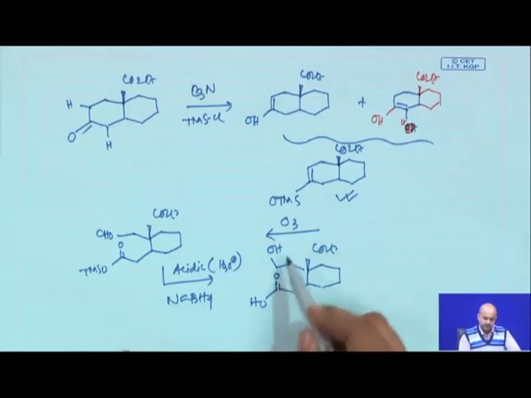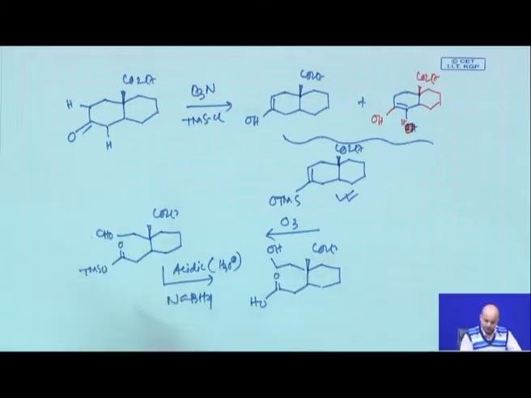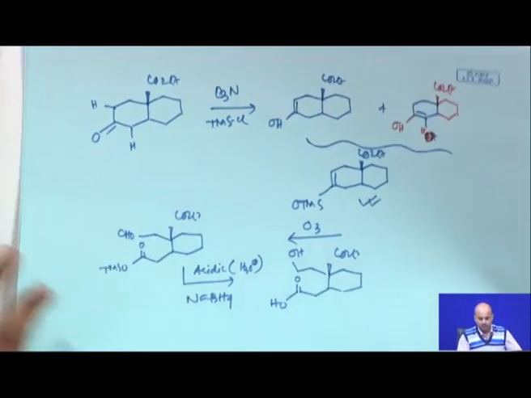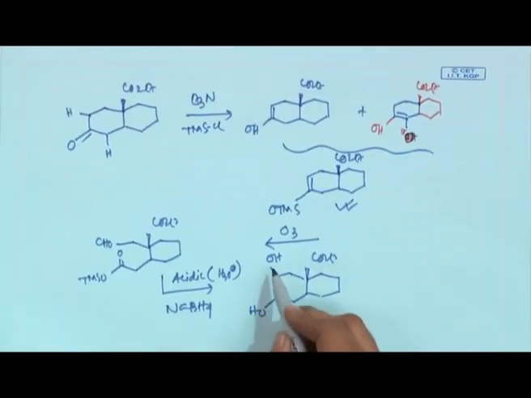Now, this acid and this alcohol can undergo ring closing, but that will give you the five-membered lactone, which is not desired by us. So, now what can you do? You can simply protect this hydroxy group first.